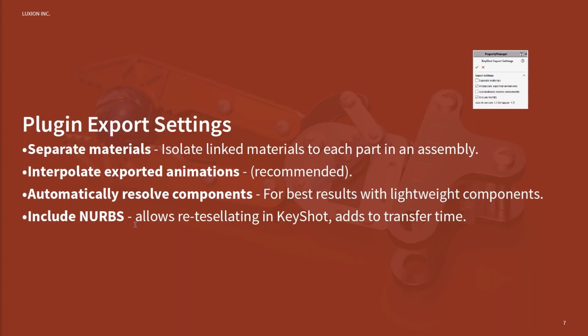So if you're doing a macro shot or a close-up on a round surface and you need that to be perfectly smooth, you don't want to see any tessellation there, then you can include NURBS and have the ability to retessellate. But it's important to keep in mind that that does add to transfer time. So when you're working with large assemblies, I would actually recommend to disable this.